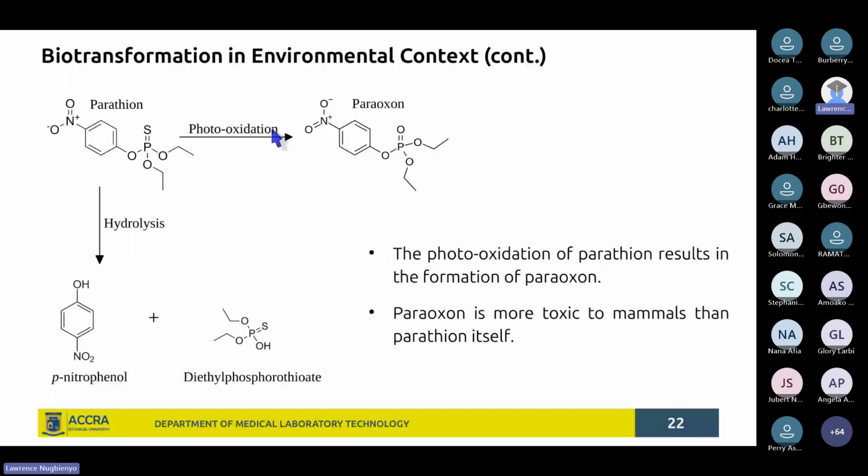So that's some kind of a conversion of this substance in the environment. It looks just like a transformation, a transformation of these substances by its occurring in the environment.